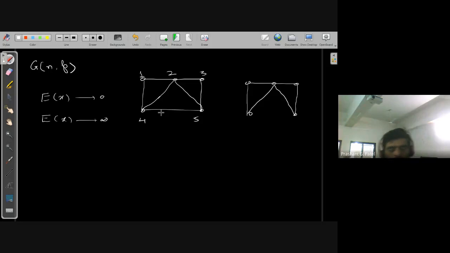So this is about the Hamiltonian cycle, and here we are discussing the case where E of X goes from 0 to infinity without any threshold in between. So what we are discussing here is what happens with the Hamiltonian circuit in the G(n,p) graph model, or what the threshold is for having a Hamiltonian cycle in the G(n,p) graph model.